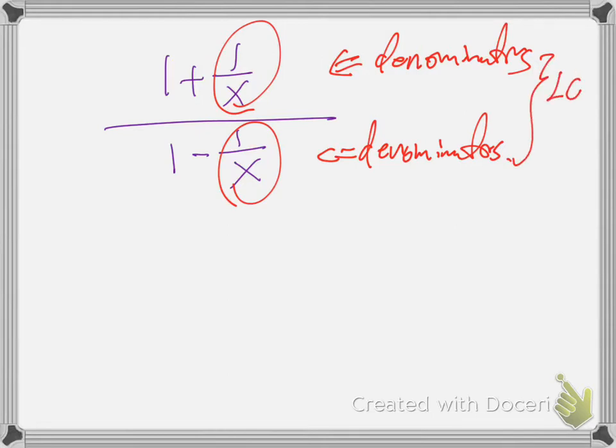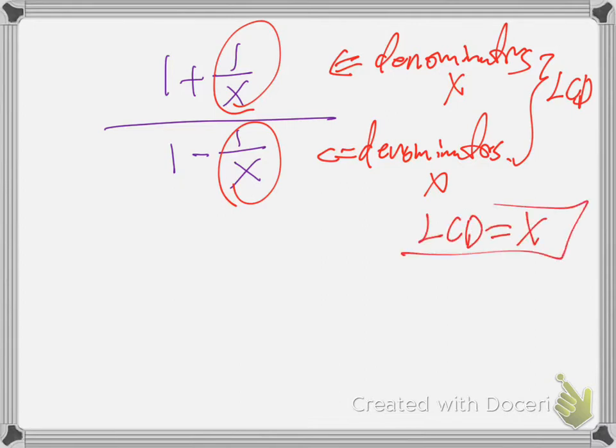This example is easy because we only have x on top and x on the bottom, so the LCD is x. Our main job is to kill the denominators on top and on the bottom of the big fraction. So multiply the LCD, x, on top and bottom.